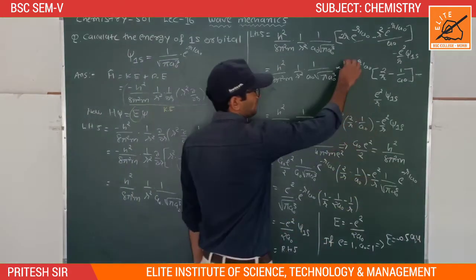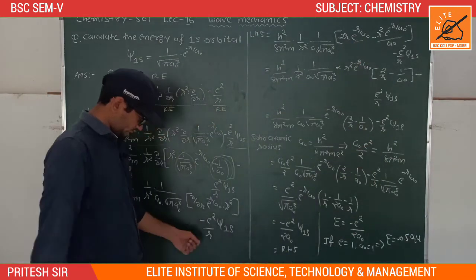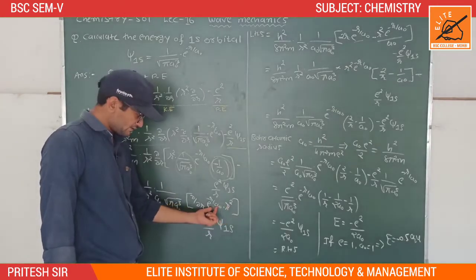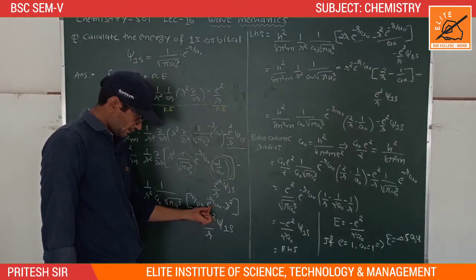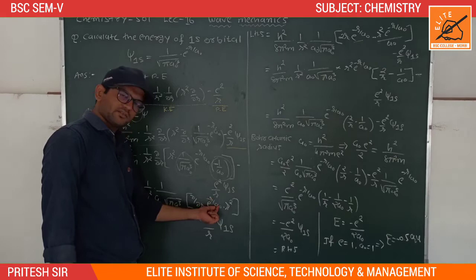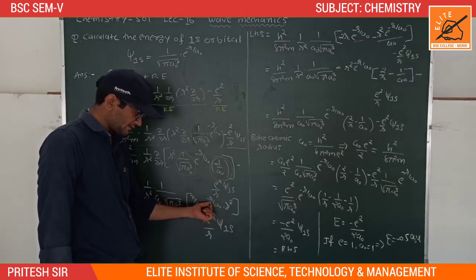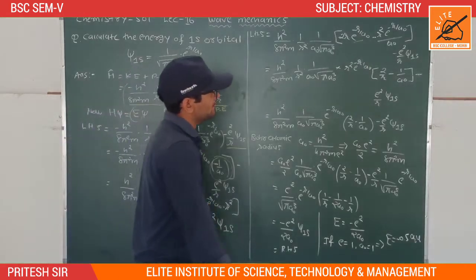Okay, so 2r minus r square remains as it is, and in the differentiation of e to the power minus r upon a0, e to the power minus r upon a0 remains as it is, and the coefficient minus 1 upon a0 is multiplied with it. Okay, so it will become minus here.